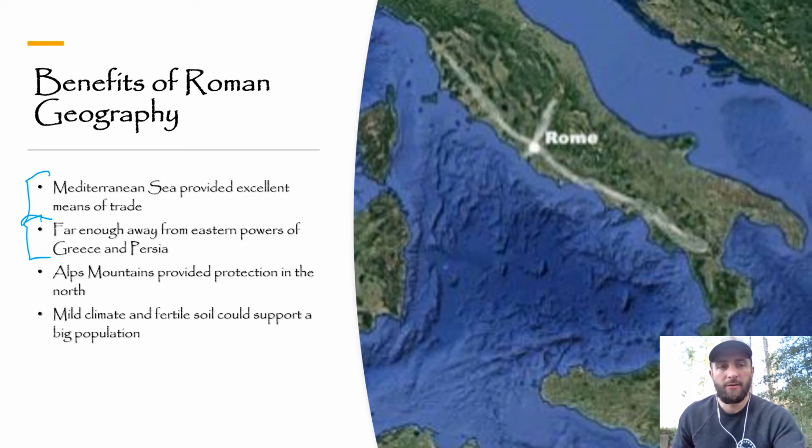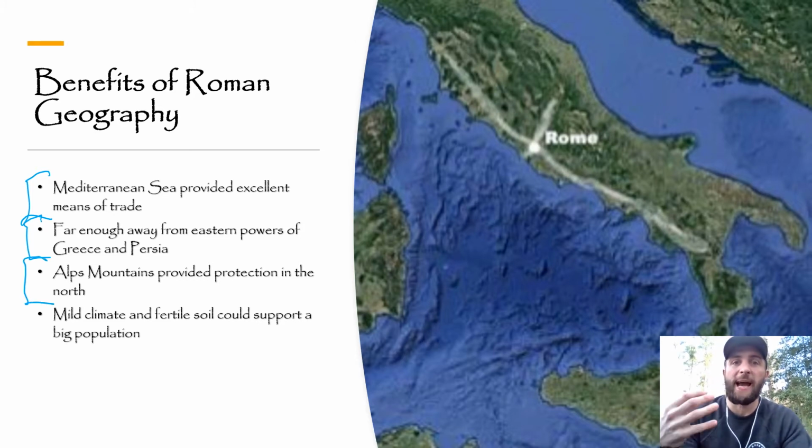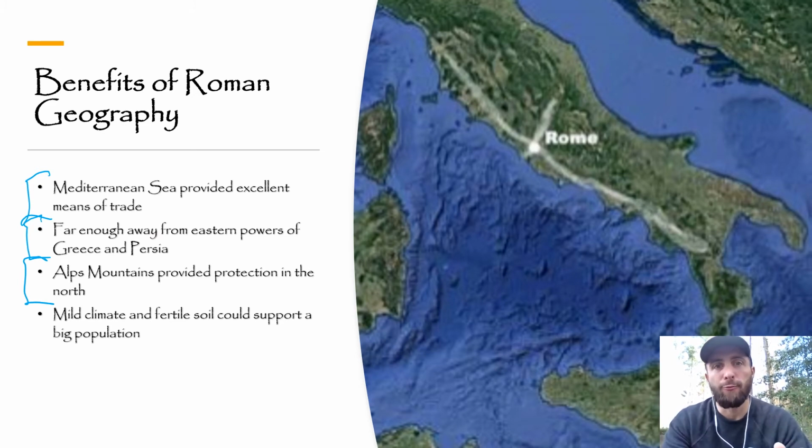Speaking of protection, another benefit they got as far as protection went came from those Alps mountains in the north. This is very similar to what we've discussed before with Egypt. Remember I said, for Egypt, it was a benefit that they were surrounded by desert on all sides. Because if you wanted to conquer Egypt, you would have to bring an army through that desert, and that would be very challenging.